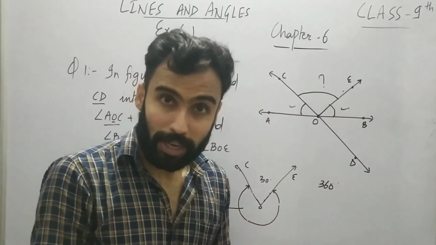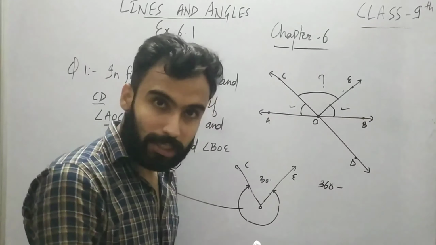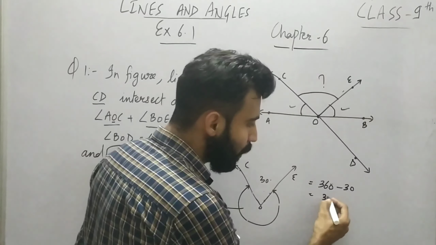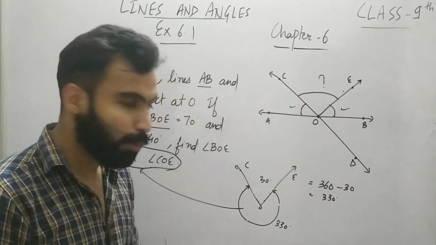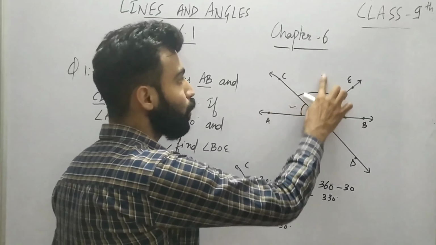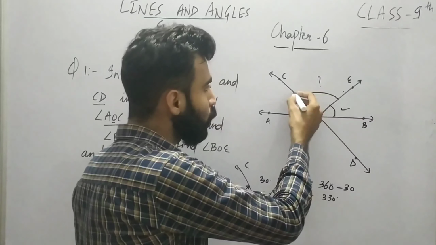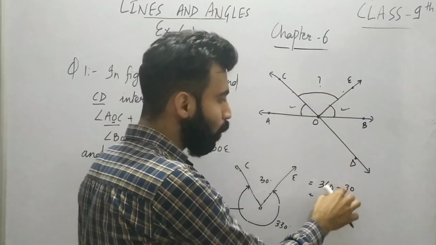So to find out the reflex angle, what we have to do is simply subtract that angle from 360 degree. Just subtract 30 from 360, so you will get 330 degrees. That means this reflex angle COE will become 330 degrees. But still here we don't know the angle COE. So first we have to calculate COE, then we will be able to find out this reflex angle COE by subtracting that angle from 360 degree.